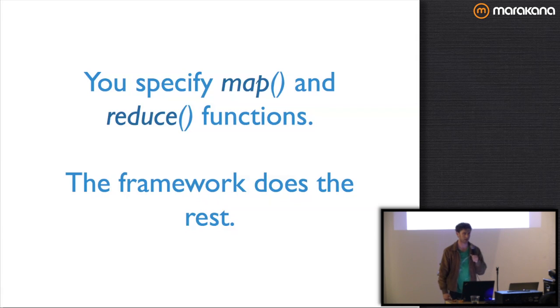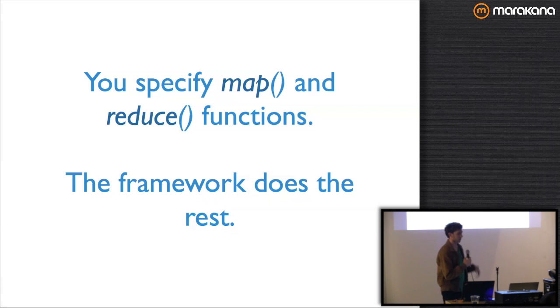What a map function does is it takes as input some key value pair, and then it just outputs some other key value pair. In between map and reduce, this magic happens where all the keys that were outputted from the map function, all the values corresponding to them get combined, sorted together, and sent to a reducer.